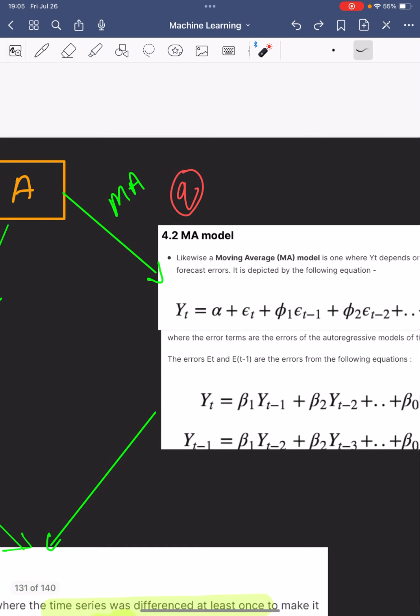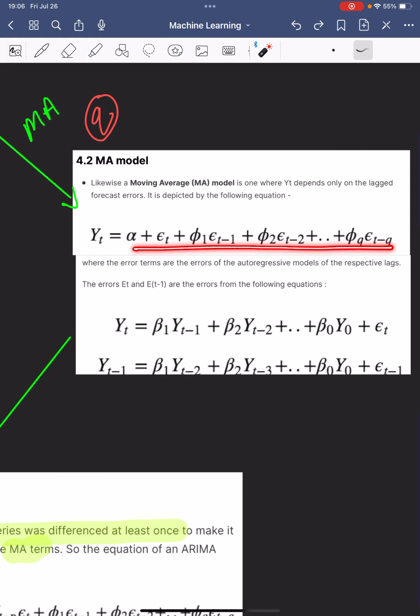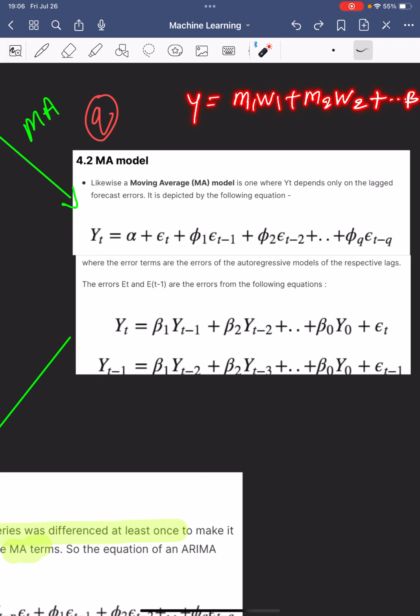Okay, now next is the moving average. The moving average model is also a regression model actually, and here the predictors, like the independent variables we use in a linear regression, we have something like y equals w1 x1 plus w2 x2 plus so on, and a constant, beta 0 or w0 or b.